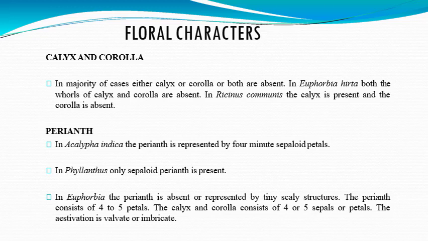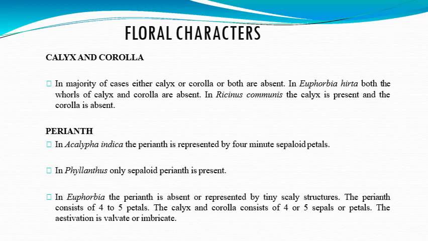So in Acalypha indica, the perianth is represented by 4 minute sepaloid petals. It means the corolla or the petals have the same appearance or look like sepals, then we call such petals sepaloids.